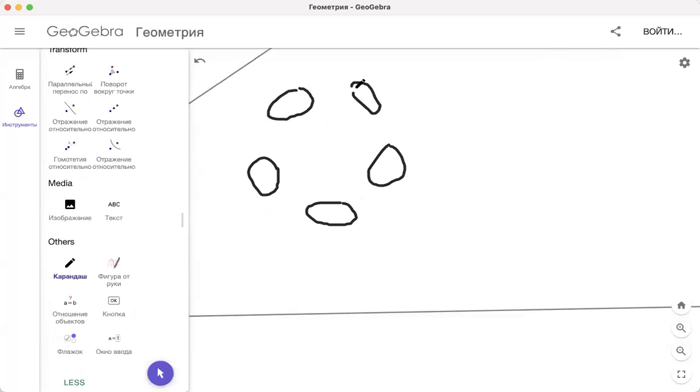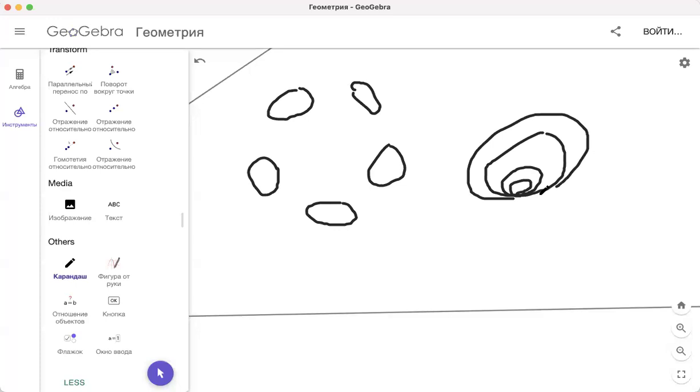For example, if all conics are tangent at the same point, this is a bad situation.